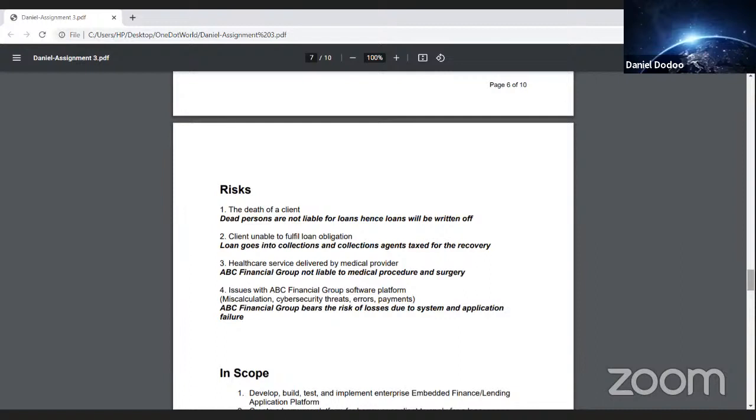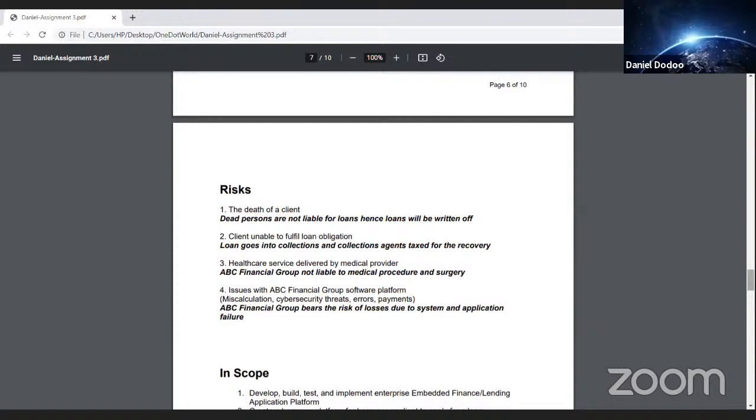The second risk I have here is when a client is unable to fulfill a loan obligation. At times, so much can be happening in people's lives. They can be in a very bad or messy financial situation, a sticky situation, and they are unable to meet that loan obligation.